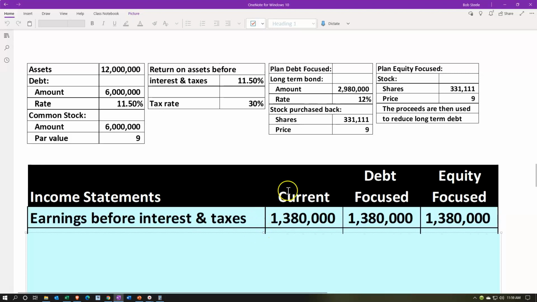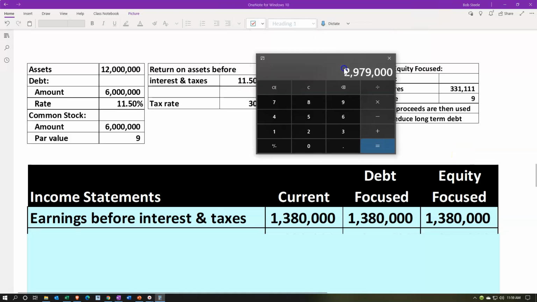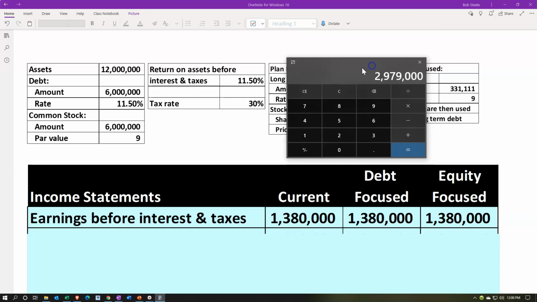We're going to have the current plan, which is how we're currently financing the assets. Then we have the debt plan and the equity plan. All right, so we're starting off with the earnings before interest and taxes. We said we had a turnover of 11.5. So of the assets we have right now, this 12 million, we're getting a return of 0.115.